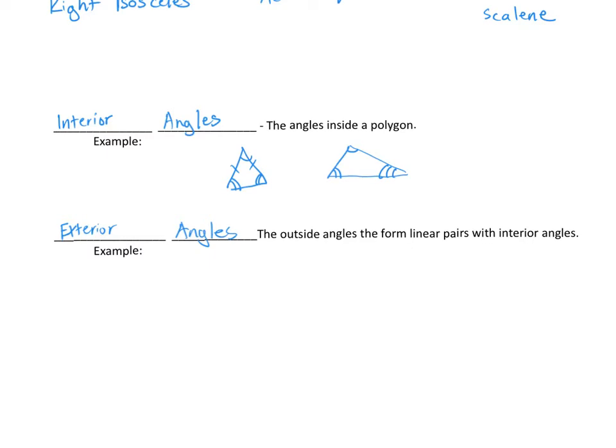So if I draw a picture here, if I draw from one side and I draw a straight line out, another side and I draw a straight line out, and then another side and I draw a straight line out, those would be my exterior angles right there.